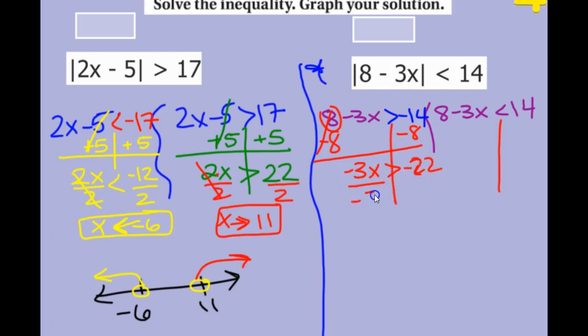And then divide by negative 3 on both sides. Whenever you multiply or divide by a negative, our sign flips. So we have x is less than, two negatives here make a positive, and I have 22 divided by 3, which is going to give me 7.3, 7.3 repeating, or 7 1/3.